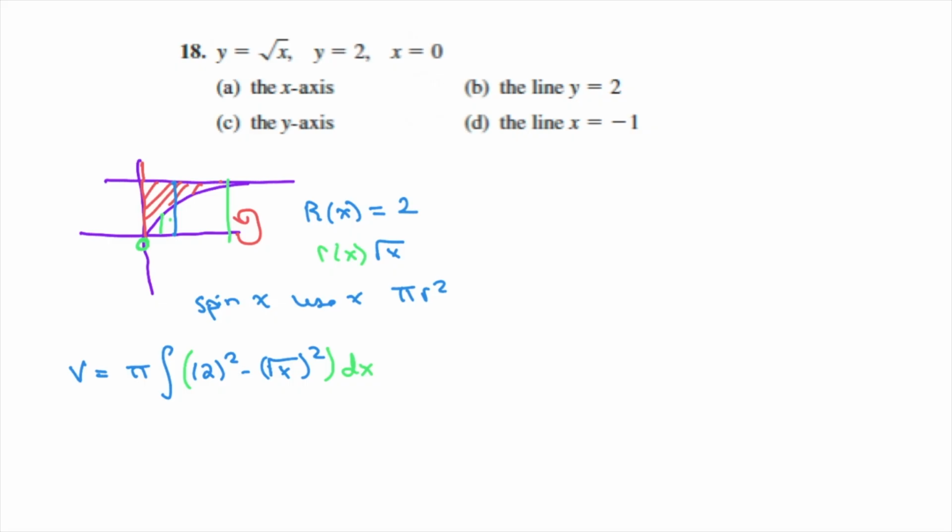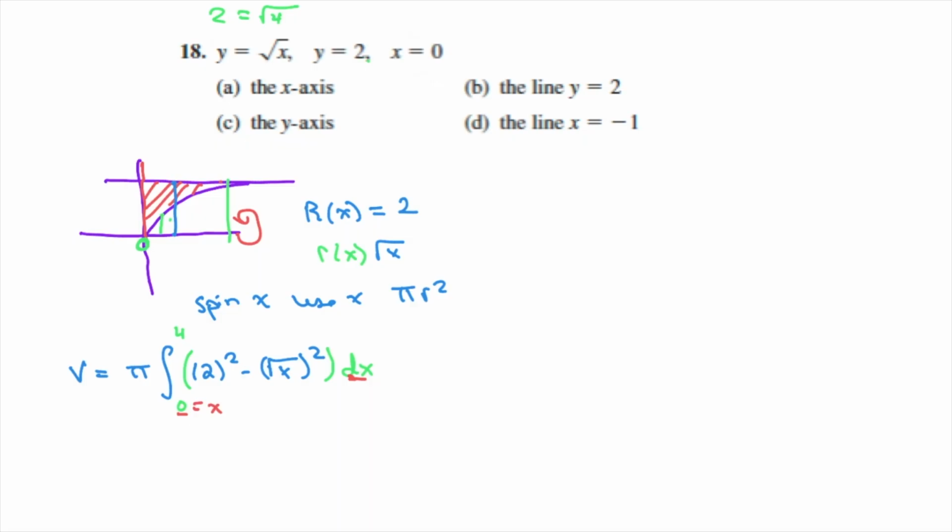The largest x value occurs when y is equal to 2, so that will give us x is 4. So we're going to integrate from 0 to 4 because the x's have to match the dx. Dx is going to have to be x values as your endpoints, and then you will solve that.